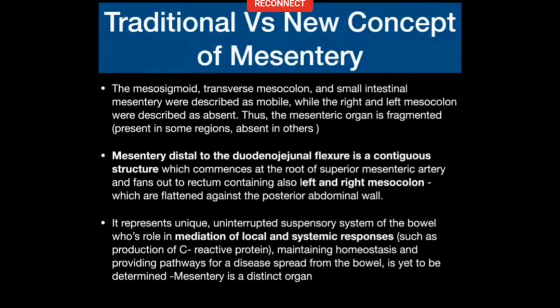And because of the foldings, you can see a few of them which are mobile and some get attached to the posterior abdominal wall. And therefore, you also have a right mesocolon and a left mesocolon, which surgeons always used to say is the case. Also, they say that a lot of diseases are mediated by the mesentery, such as Crohn's disease.